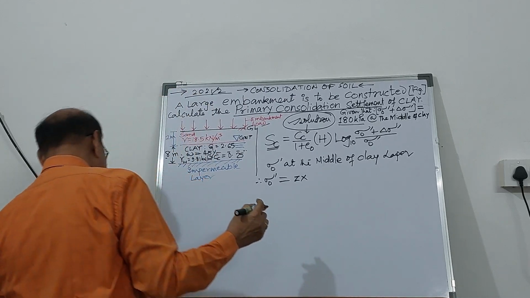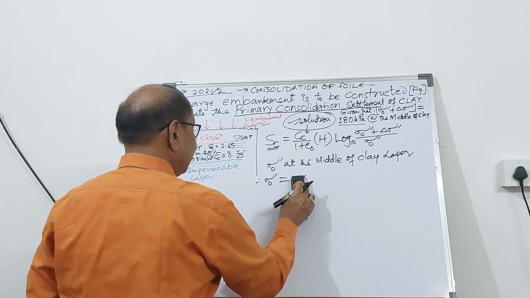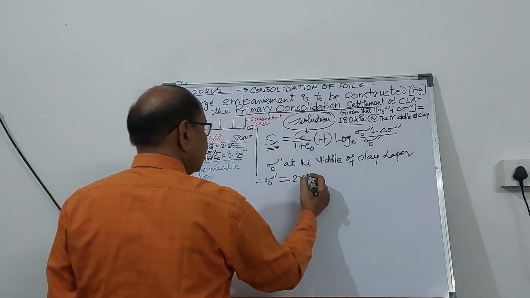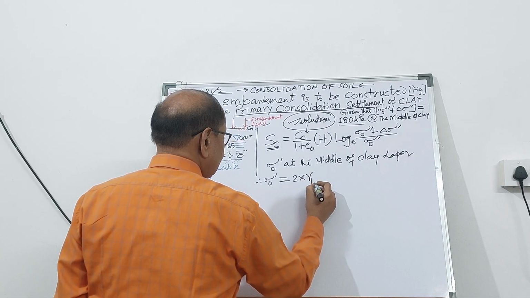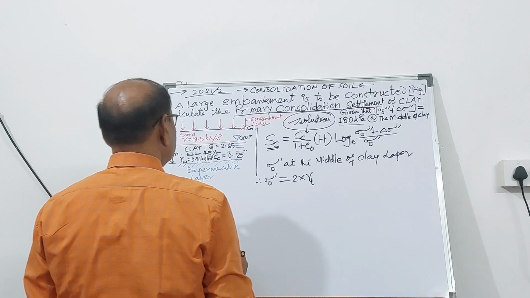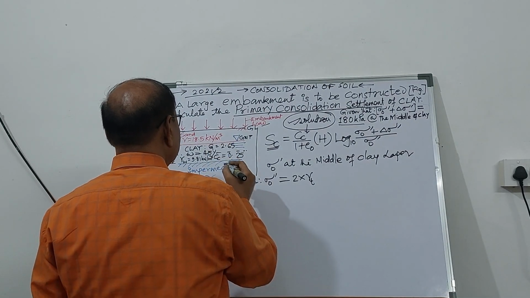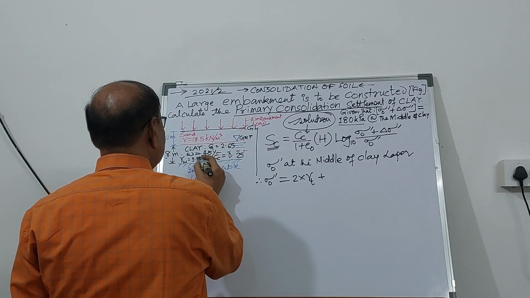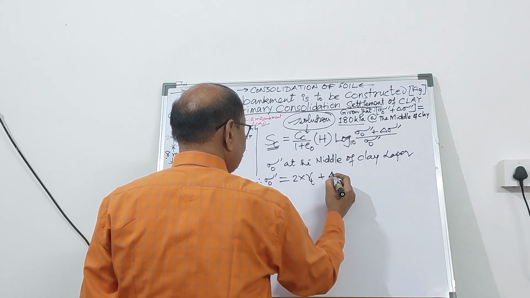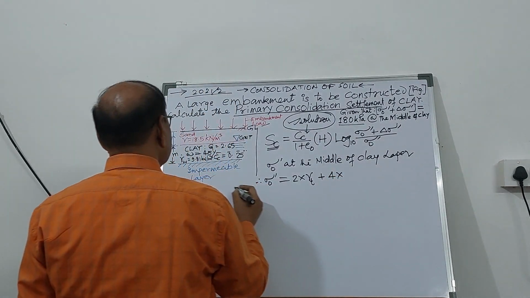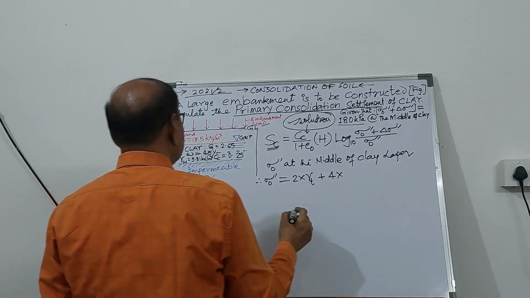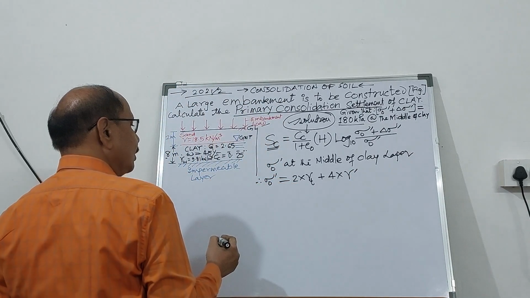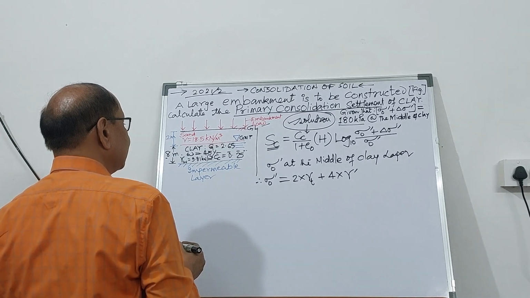Up to 2 meter, z equal to 2 meter, and above the groundwater table, whatever is the total unit weight has to be taken, plus if you go to the middle of the clay layer, the distance is going to be 4 meter multiplied by the effective unit weight or submerged unit weight of the clay soil mass.